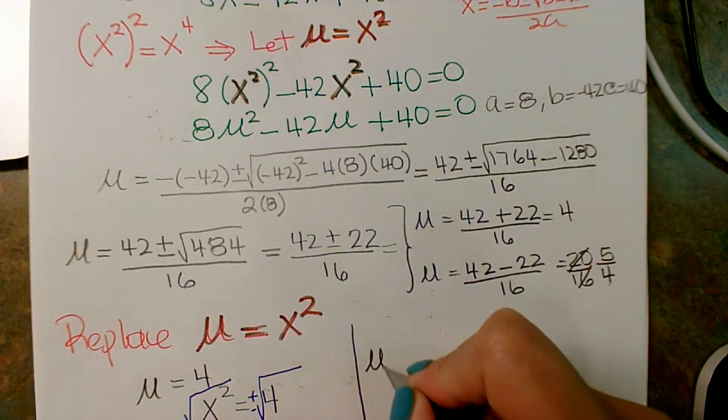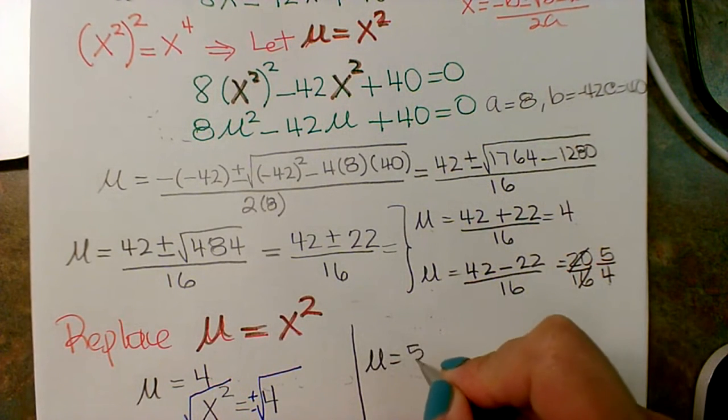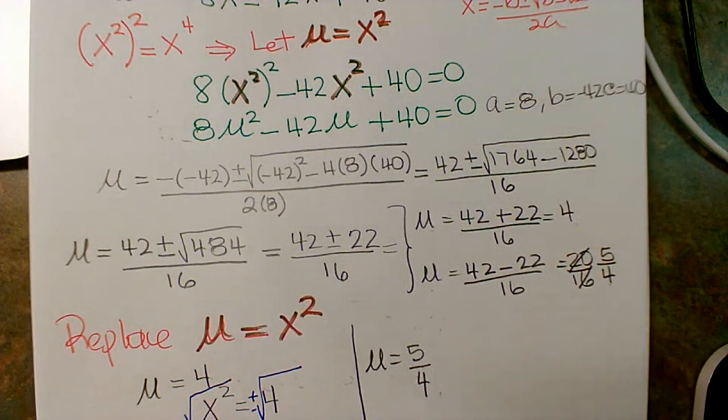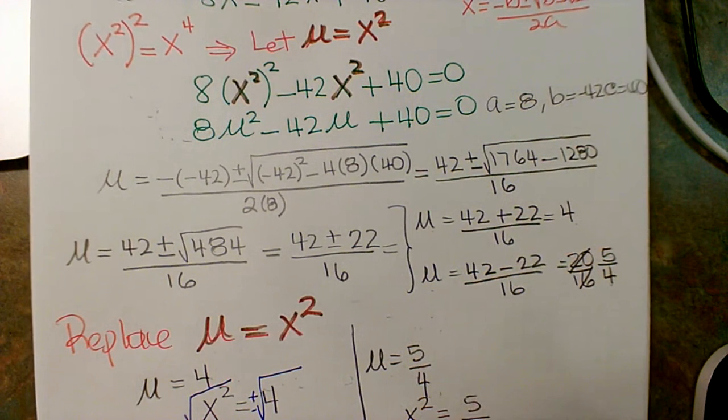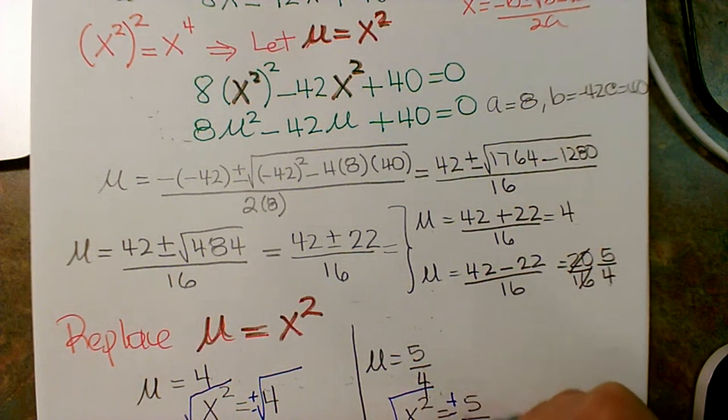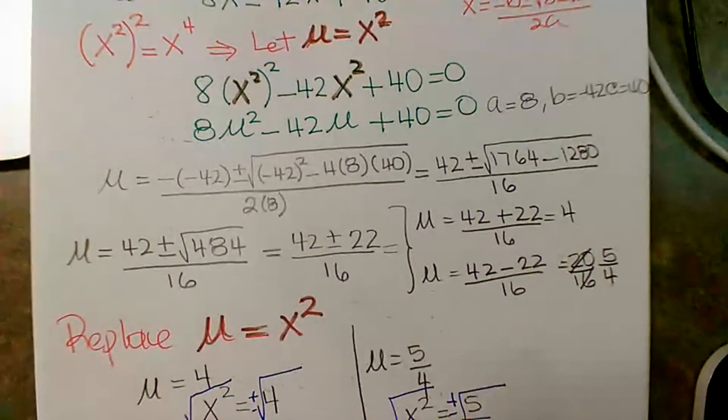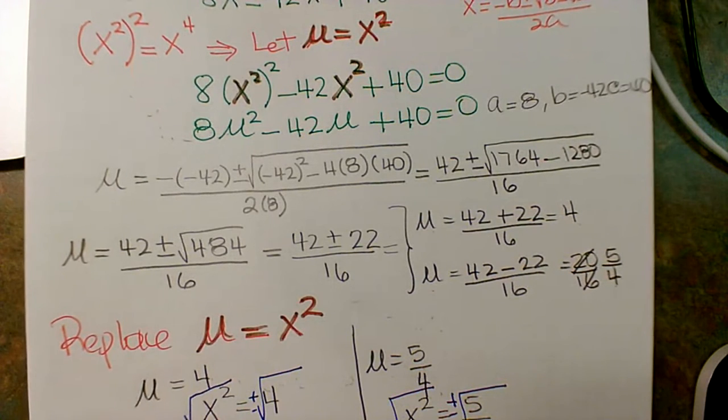Now u is equal to 5 over 4. So it's going to be x squared equals 5 over 4. I'm applying the square root property. So what do I get? X is equal plus and minus what? Square root of 5 over 2.